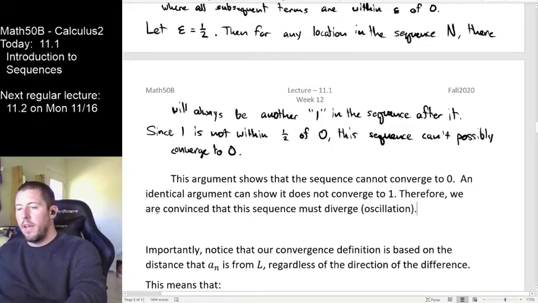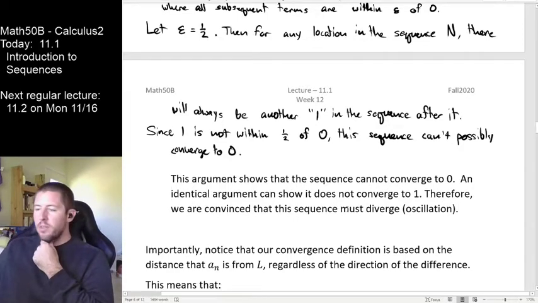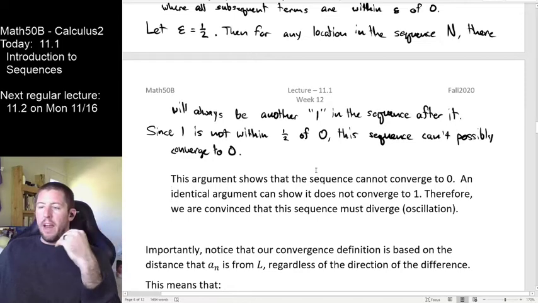So it looks to me like we are quite convinced that this is not going to be a convergent sequence here, since we can prove that it can't possibly converge to 1 or 0, and those are literally the only two numbers that are within the sequence.